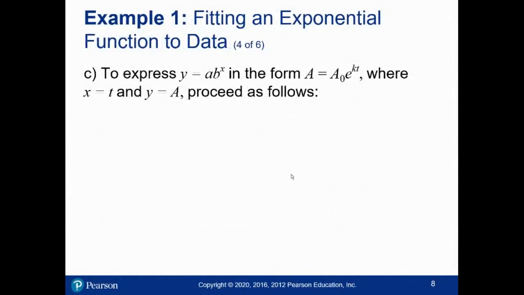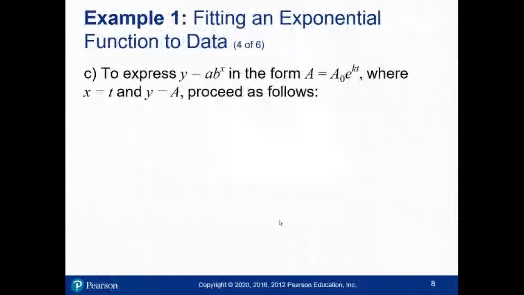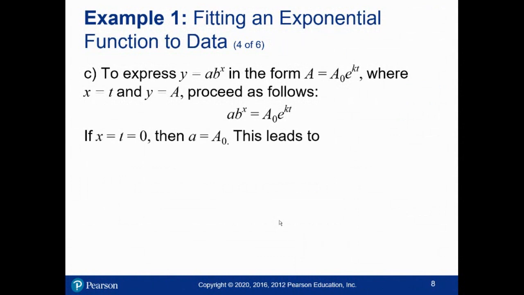So we were asked to take this function and express it in the form a naught e to the kt. How am I going to make this look like it has a base of e? We're going to use a trick we've used before. Observe that letting t be 0 tells me that the a we were given really is a naught. That is easy enough.